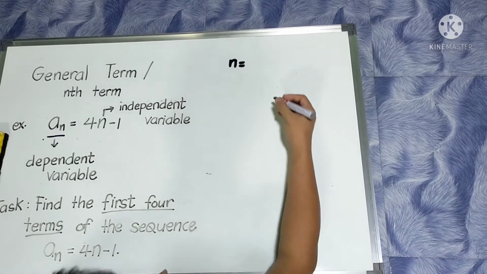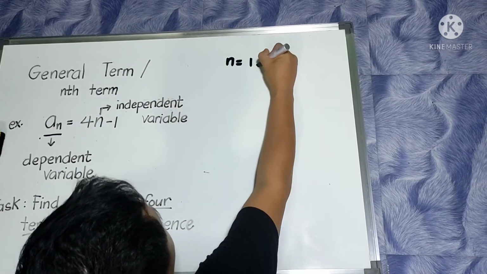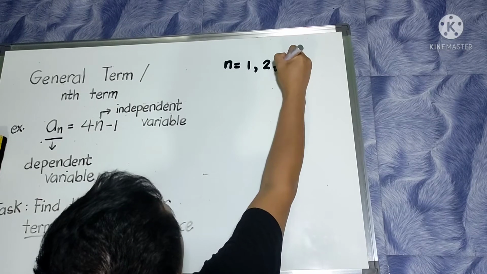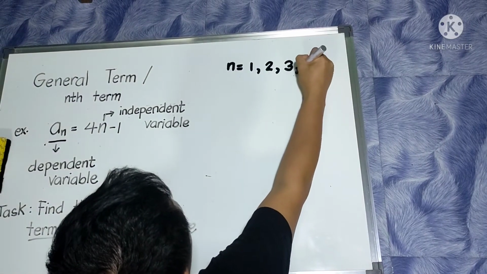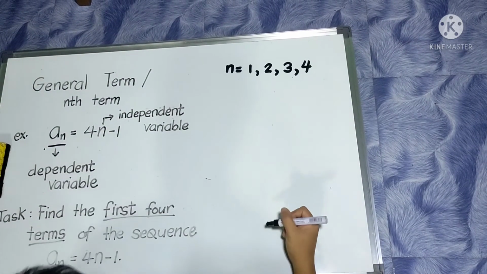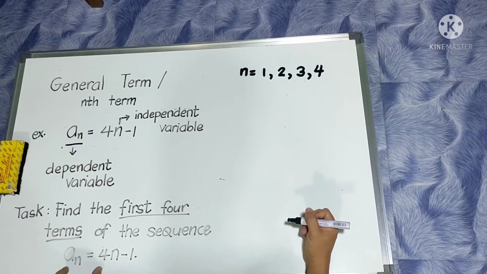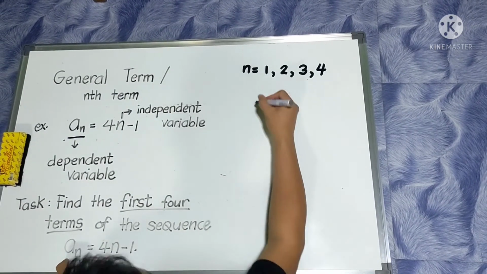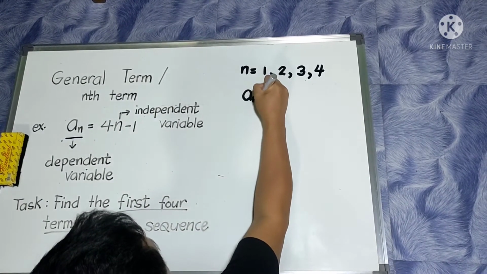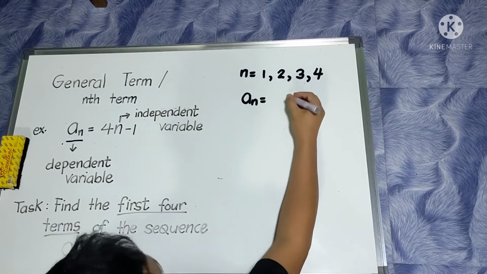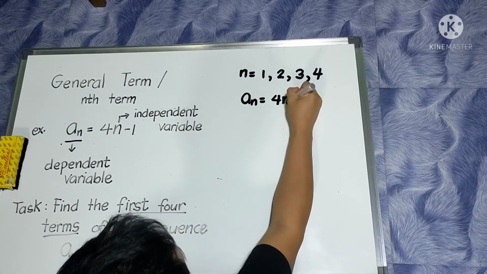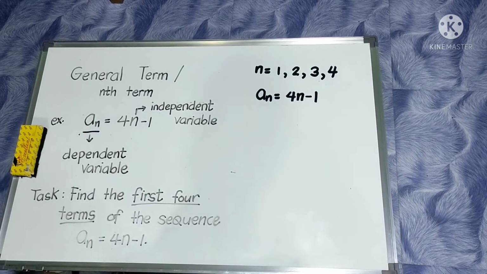That means n is equal to 1, 2, 3, and 4. So you copy the general term, which is a sub n is equal to 4n minus 1.